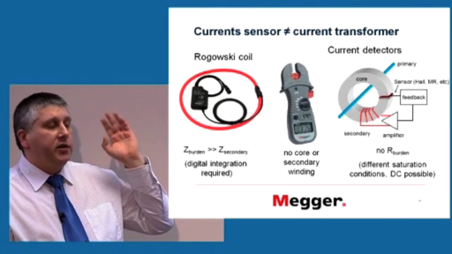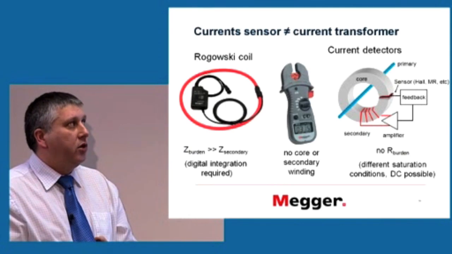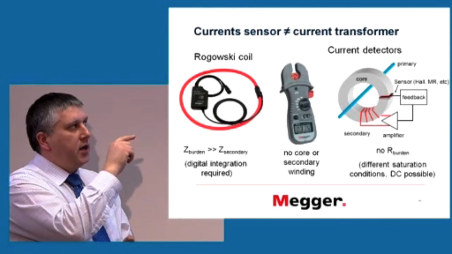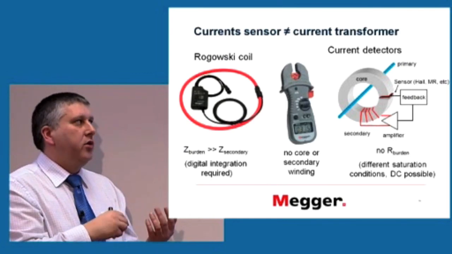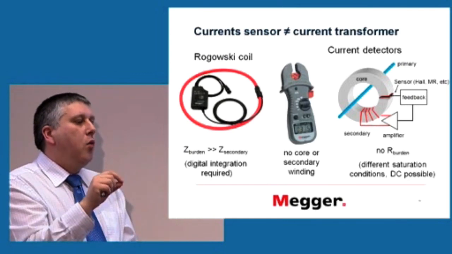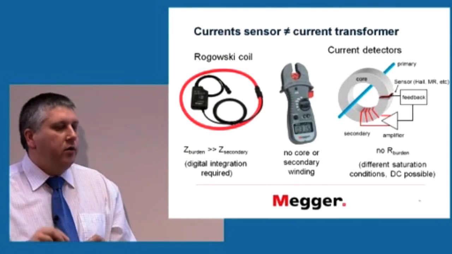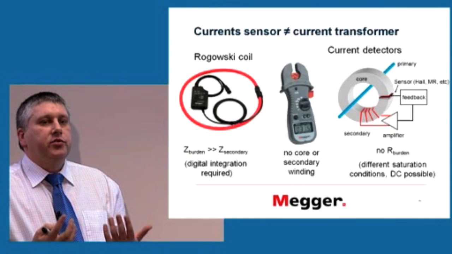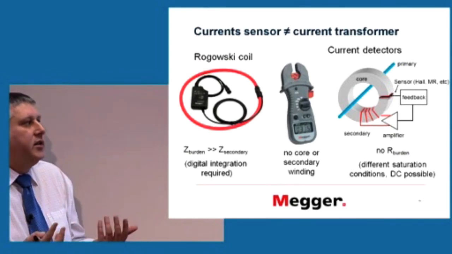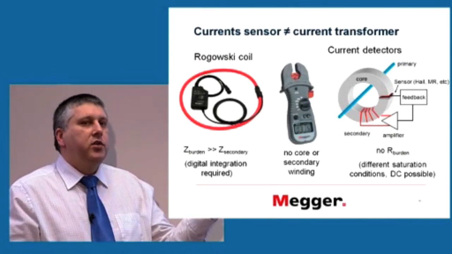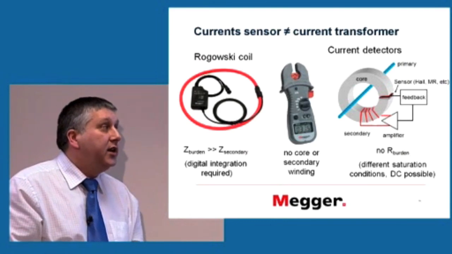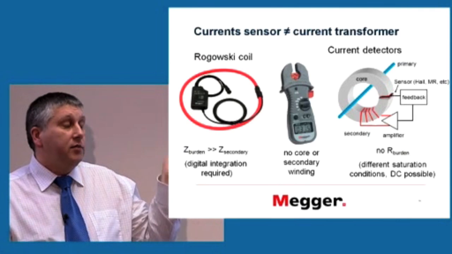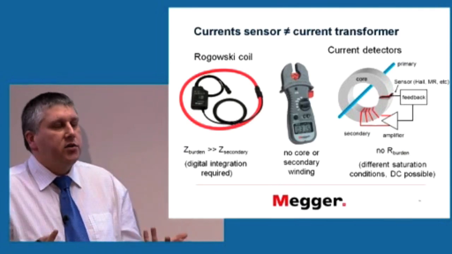And there are a number of other current detectors, for example with a split core, where a sensor is put inside a core, and either in passive or active mode, that sensor detects the magnetic field in that core, or maybe drives that core with some other waveform. But again, this is not a current transformer device. It's a current detector. In here, you cannot even define what the burden is, really. And one of the advantages is that we can measure DC current with it, but it is not a current transformer.